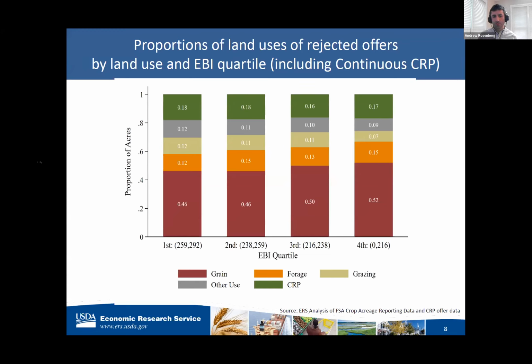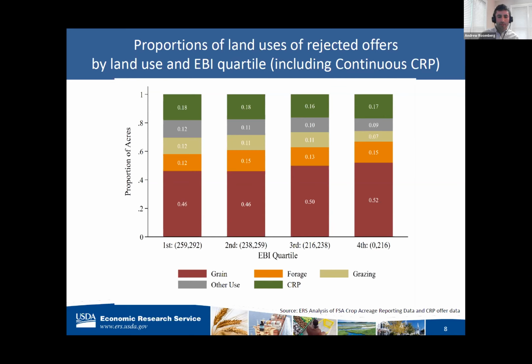So this figure shows the proportions of rejected offer fields that are in each category of land use, and it's split up by quartiles of EBI points for the rejected offers. So the first quartile is the quartile with the highest EBI points. And if the program was to expand a little bit, it would accept these parcels first.